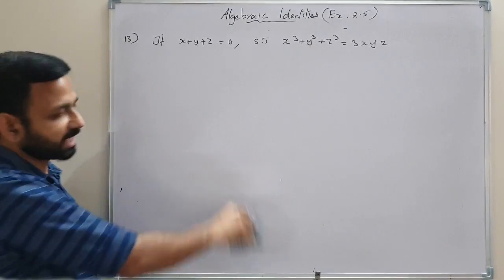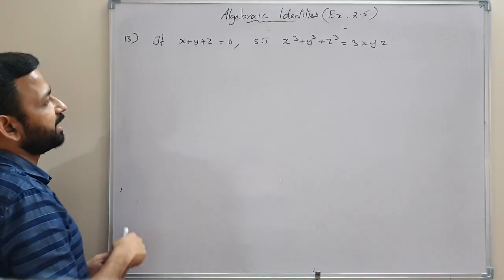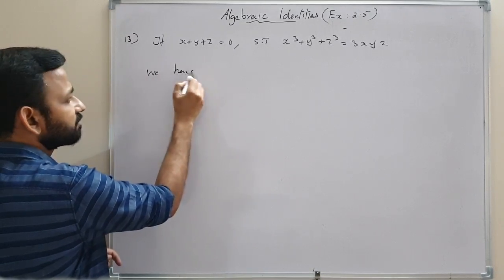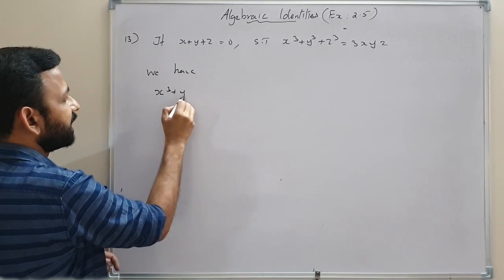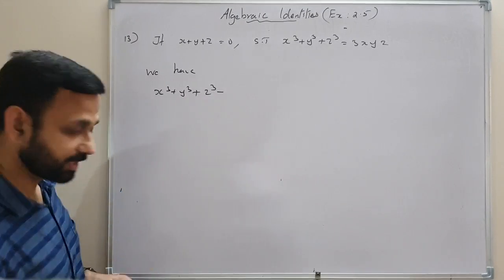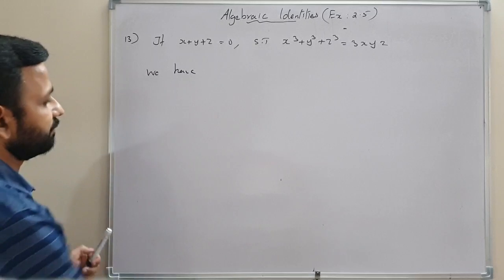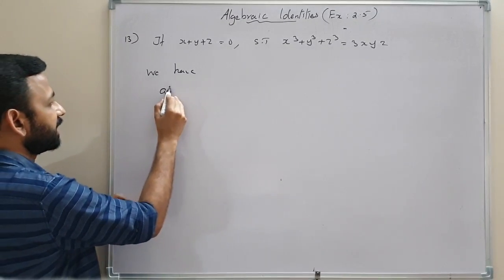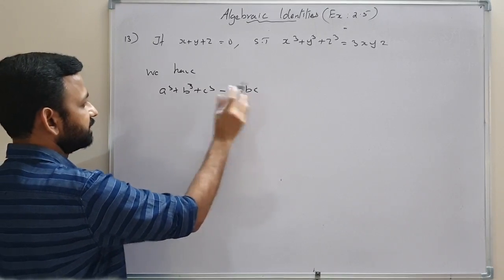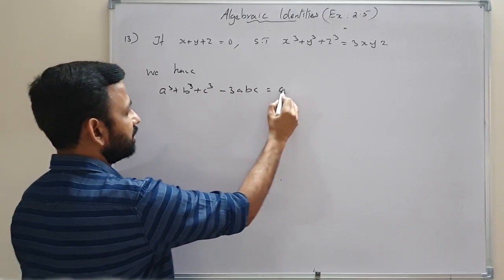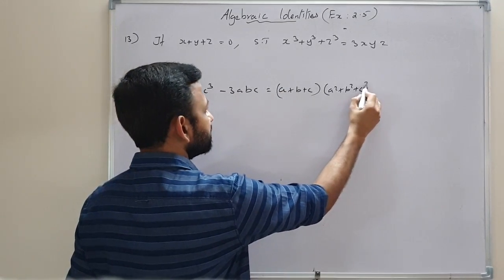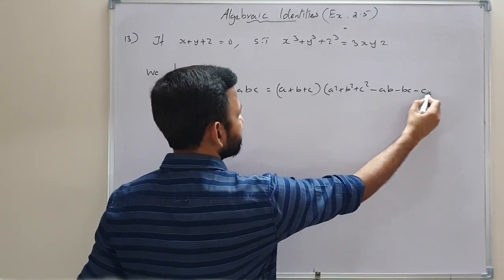So without using that identity directly, we write the identity in xyz form. We have a cube plus b cube plus c cube minus 3abc equal to (a plus b plus c) into (a square plus b square plus c square minus ab minus bc minus ca).